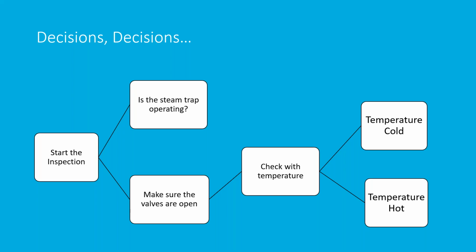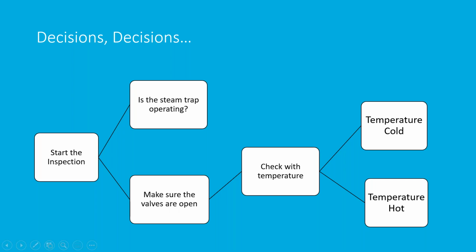Once we're ready to start the inspection, we walk out to that first area where we're going to start, and we come to the first steam trap. We need to determine, is the trap operating? And we want to make sure that the valves are open. If the valves are closed, more than likely that steam trap is not going to be in service.